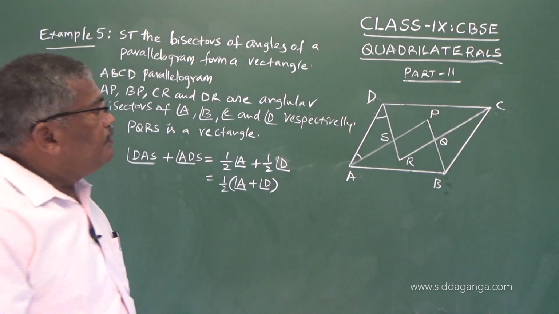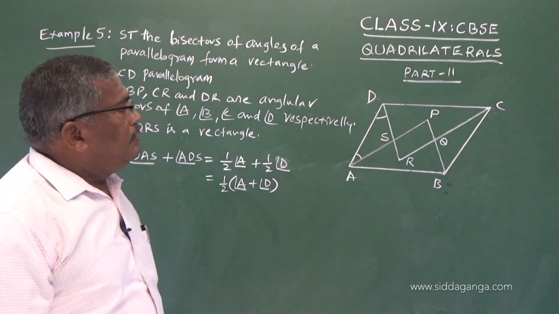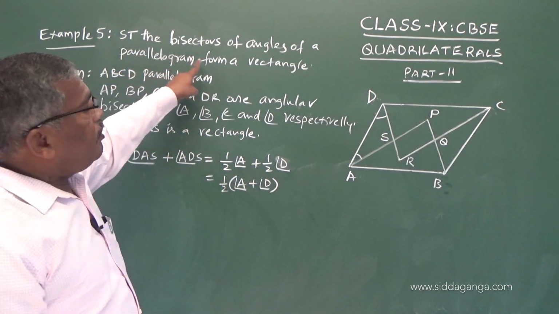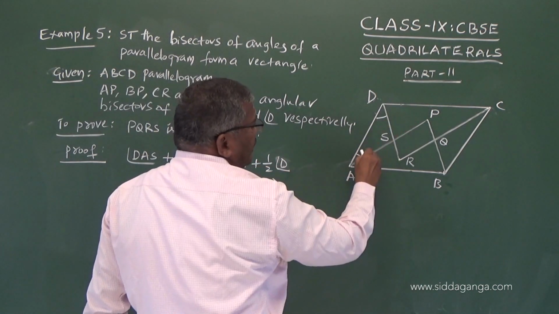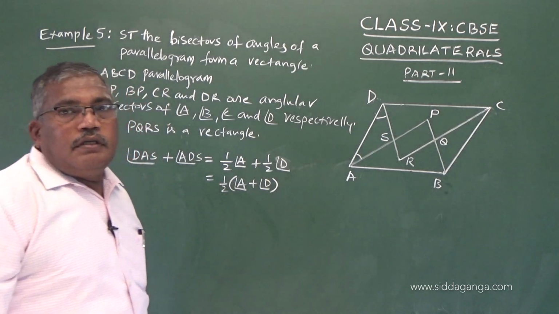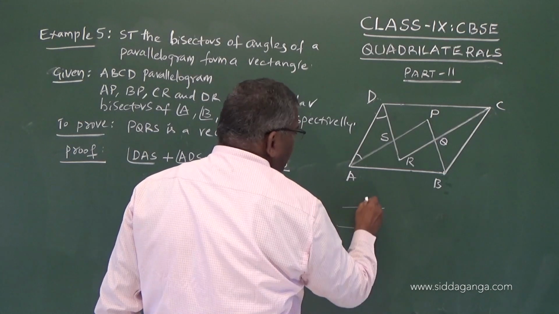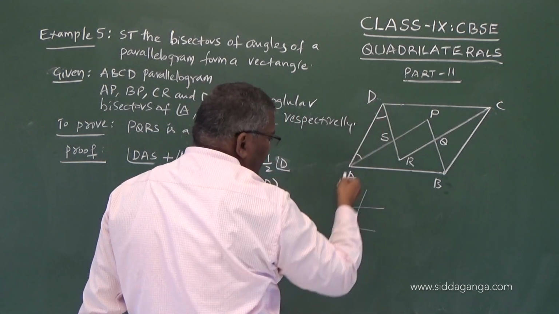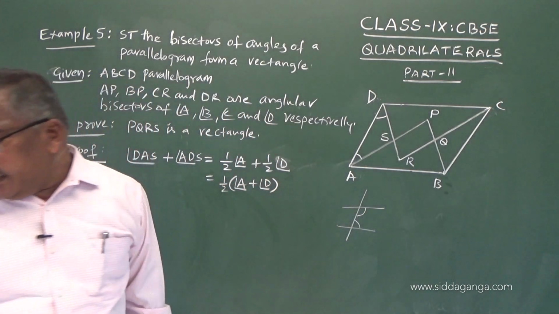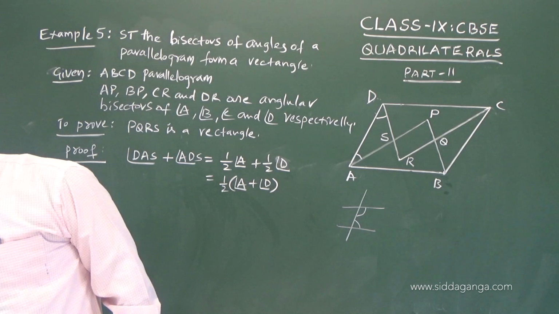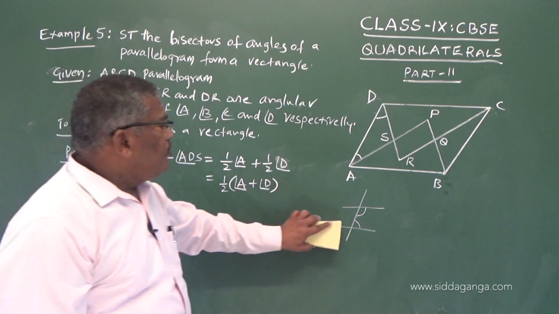We know that AB is parallel to DC because the given diagram is a parallelogram. Therefore angles D and A are consecutive angles, with two parallel lines and a transversal DA. So these two angles total 180 degrees. I will write interior consecutive angles.